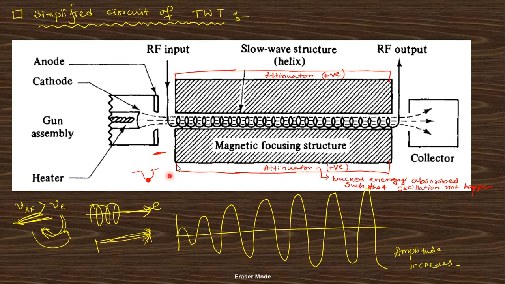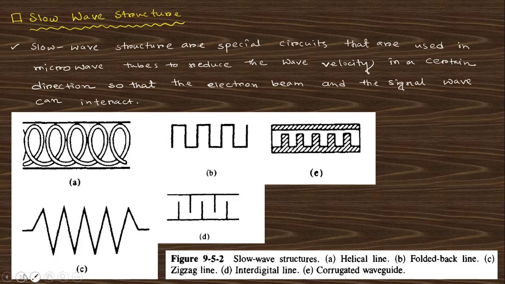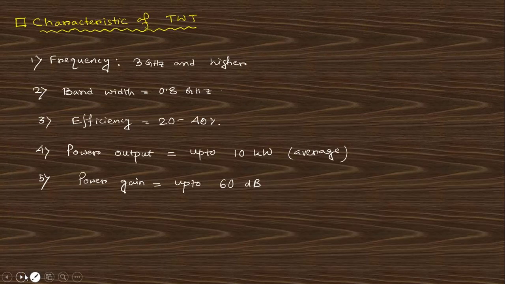That's why we take an attenuator, such that power cannot reach this input point. Because when it reaches the input point, the Barkhausen criterion will be satisfied and they will make an oscillator. So to avoid making an oscillator, we use this attenuator, and these are the characteristics.